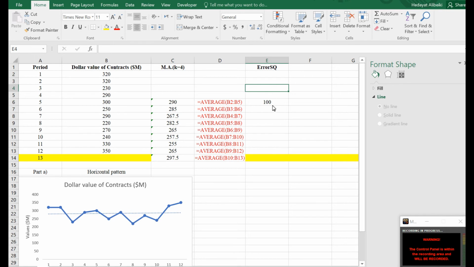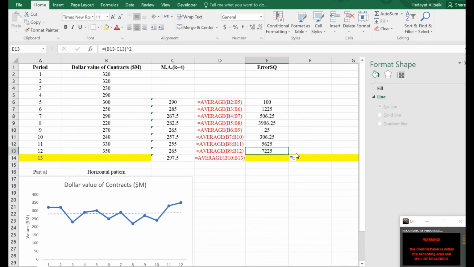So if I just drag it down, that would give me the error squared for period 5 until 12. And I won't be able to calculate for period 13 here because I don't have the actual observation.